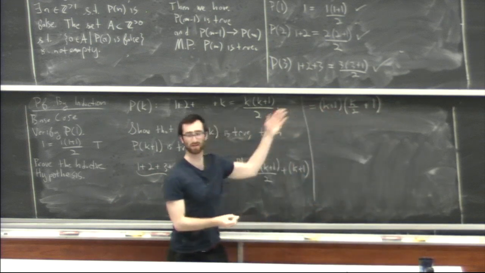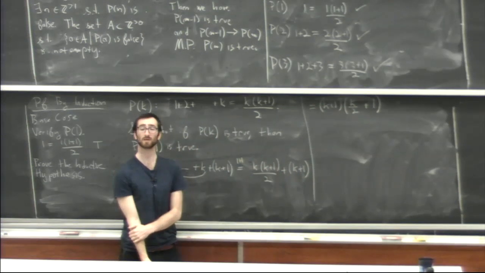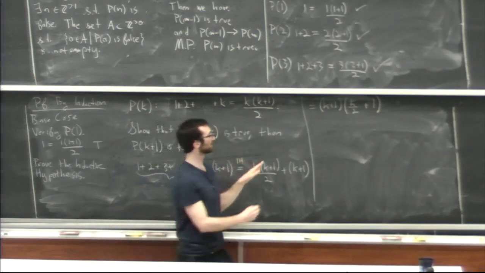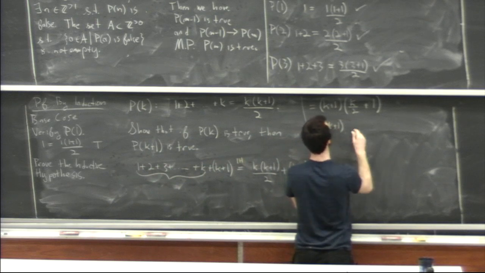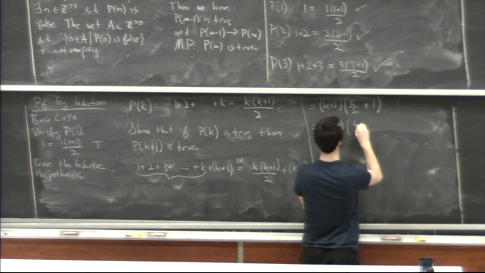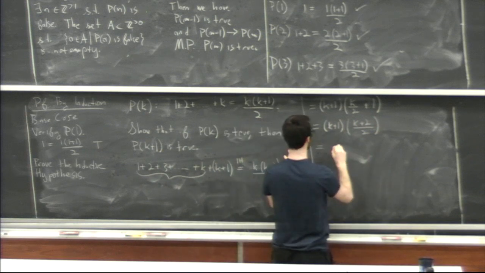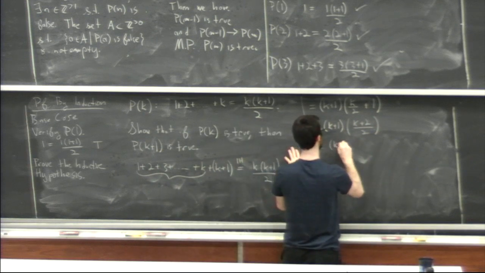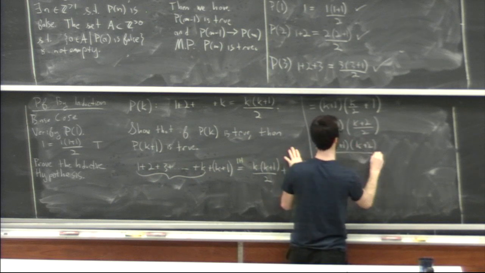This is what I get when I factor out a k plus 1 from both terms. And I want to simplify a little bit. This is equal to k plus 1 times, I get a common denominator, k plus 2 over 2, which is equal to, just simplifying one last moment, k plus 1 times k plus 2 over 2.